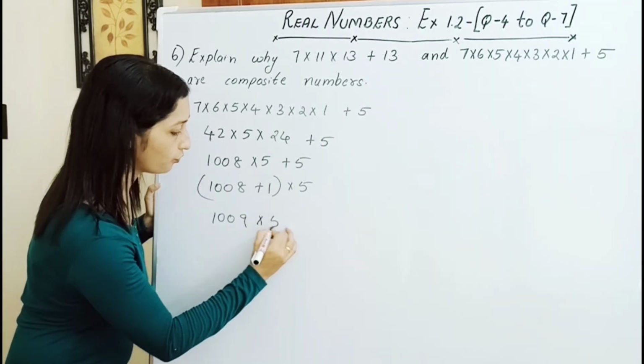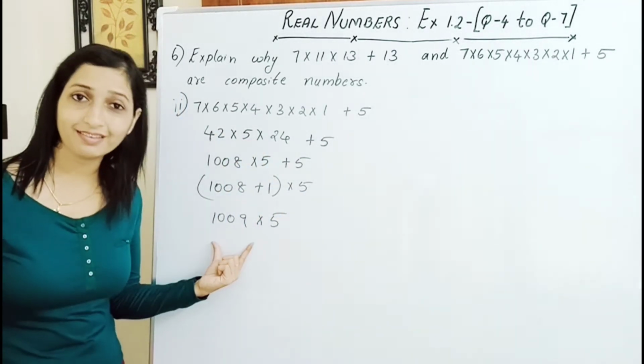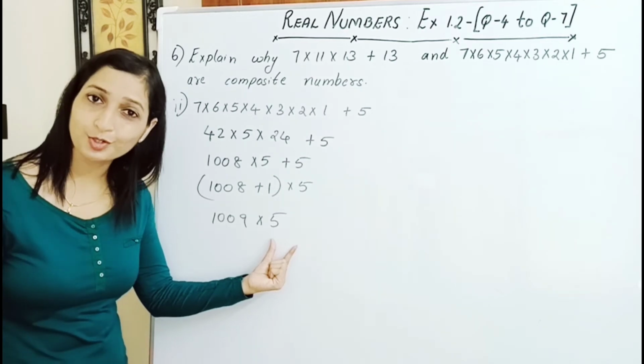which is 1009 into 5. Now 1009 is already a prime, 5 is also a prime.